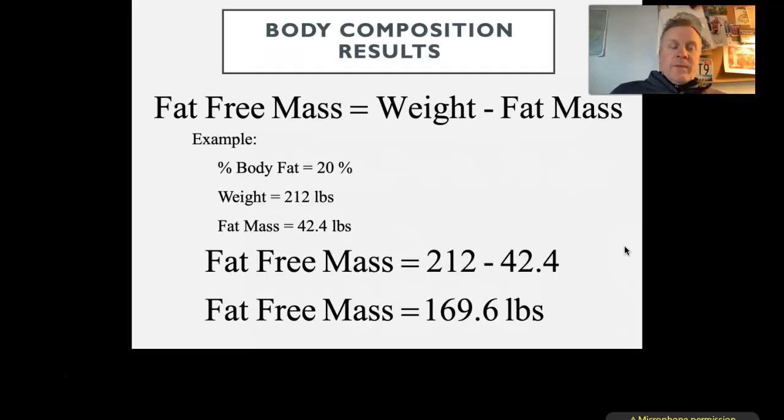So example of this, fat-free mass, once again, is weight minus fat mass. So from this, we could figure out the overall percentage of fat the individual has, and then from that percentage of fat, the overall fat-free mass. Pretty straightforward in regards to figuring out that overall fat-free mass. Once again, just weight minus fat mass.